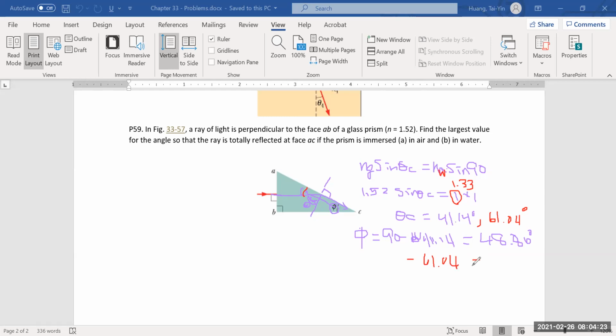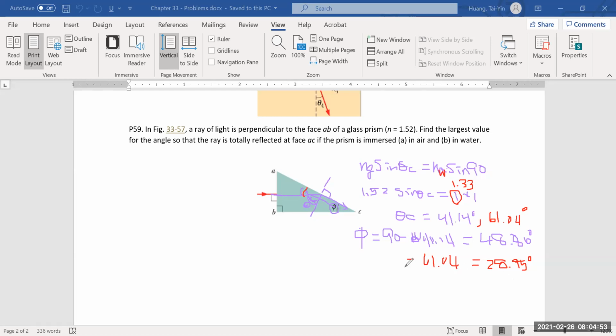So when this whole thing is immersed in water, the critical angle is 61.04, in such a way that this angle here is 28.95 degrees.